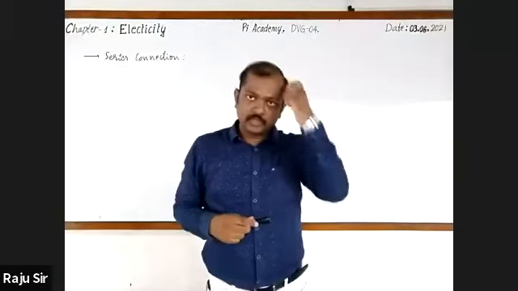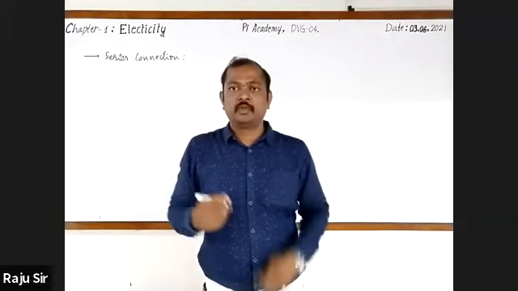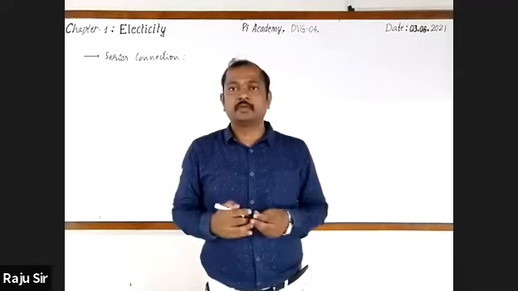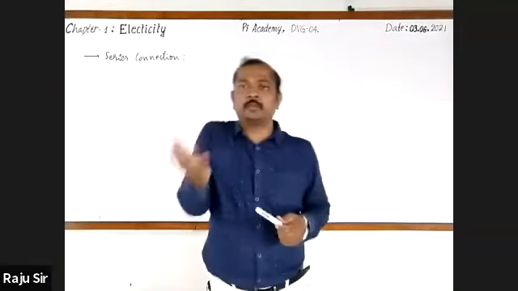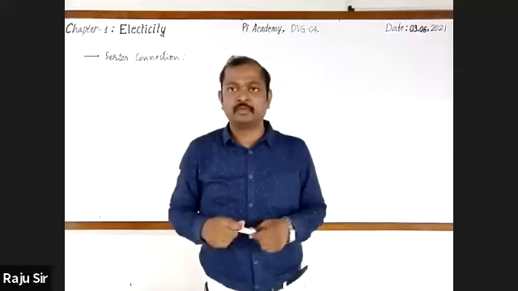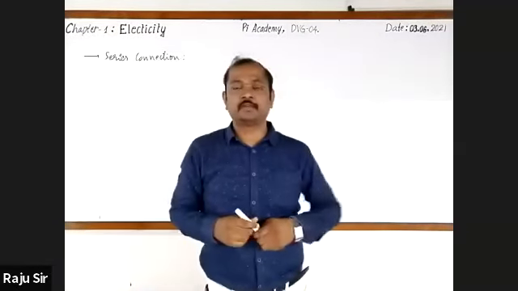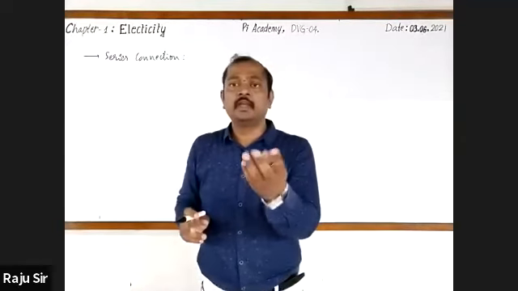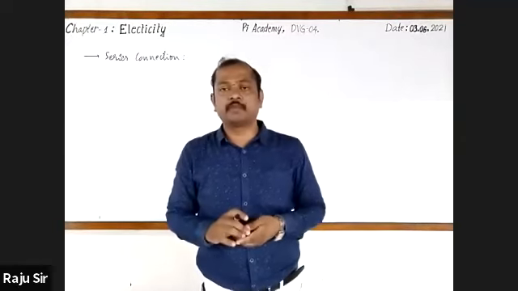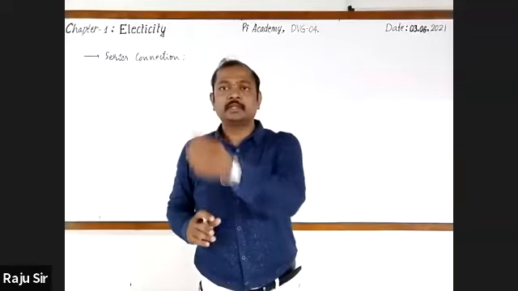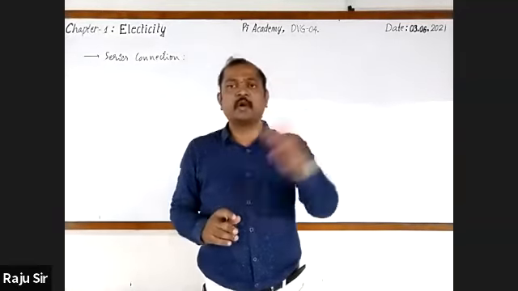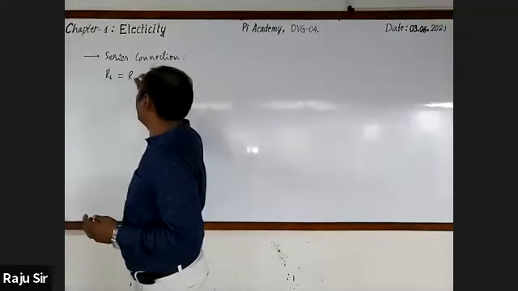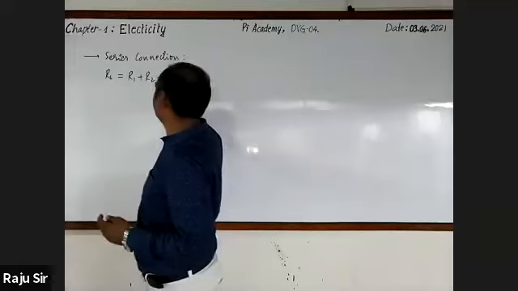With respect to electric resistance, when the resistors are connected in series, what will be the total electric resistance? Does it increase or decrease? It increases, right? And if three resistors are connected in series, then the total electric resistance offered by the circuit is the sum of resistances of all the resistors. That is, Rs is equal to R1 plus R2 plus R3.